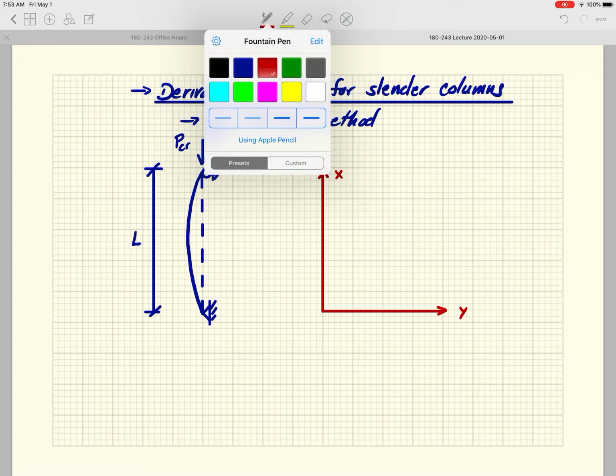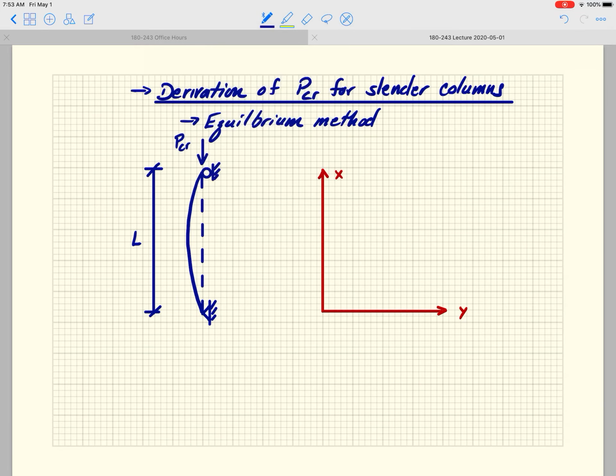Let me do, I guess we'll do blue here. So the deformed shape is going to look something like this, where this guy here is the support.